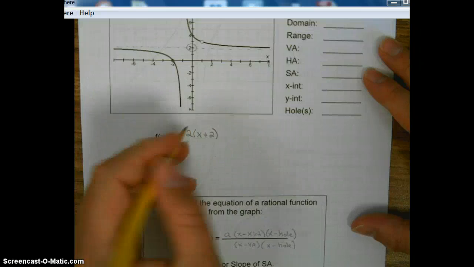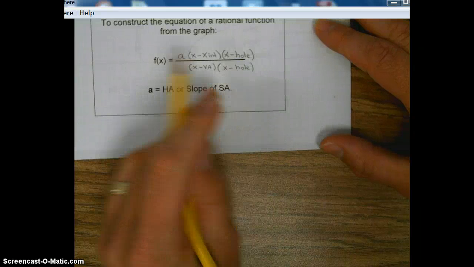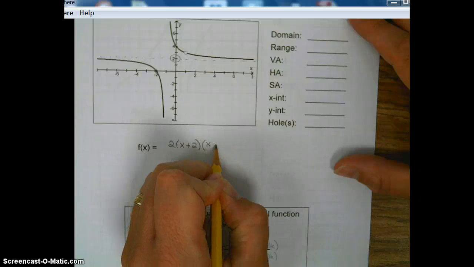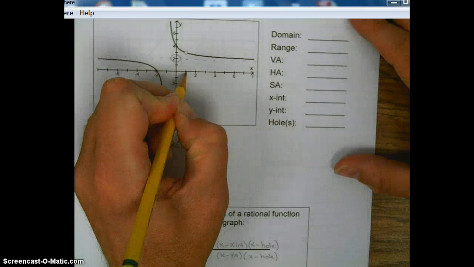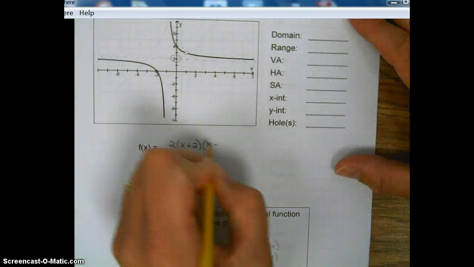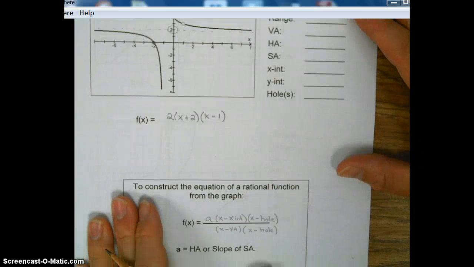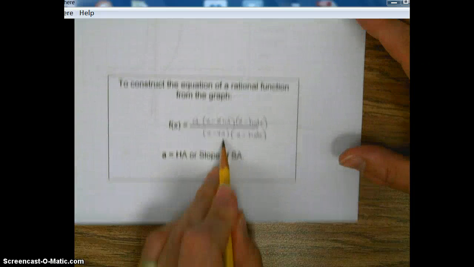Then continuing to build our function, x minus the hole. We're going to have x minus, and our hole is at 1. Take the x value, not the y value. So x minus 1. On the bottom we have x minus the vertical asymptote.